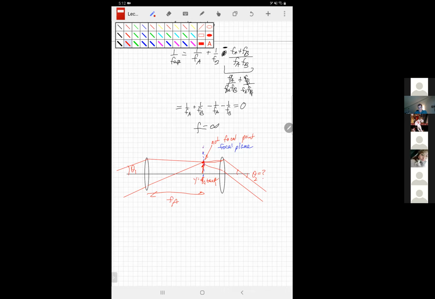We know that they started off at an off-axis point in the focal plane of the second lens, and they're going to go to that lens, and then when they travel through the lens, they're going to go parallel to each other. How do we figure out what that angle would be?